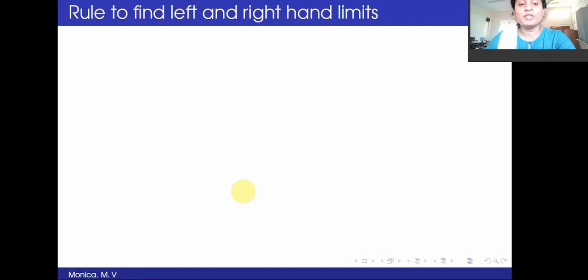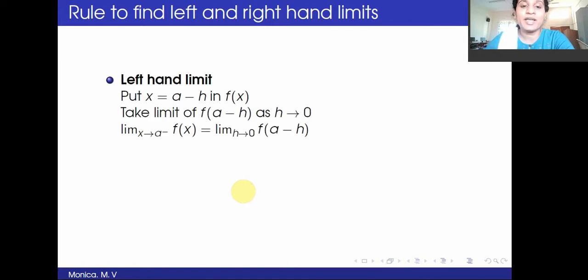Next. Once we know what are all these limits, what is the rule to find the left hand and the right hand limit? How do we find the left and the right hand limit? This is what I said we are going to learn. To find the left hand limit, we will be given a function and a point at which I want to find the left hand limit. So I will take the function f of x. In this function f of x, I replace x as equal to a minus h.